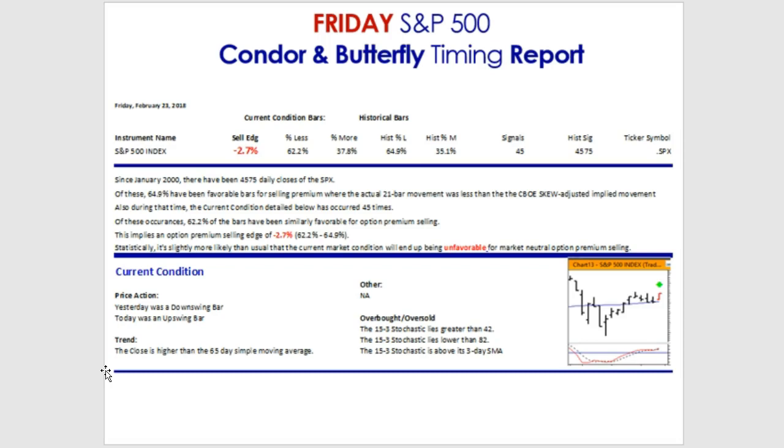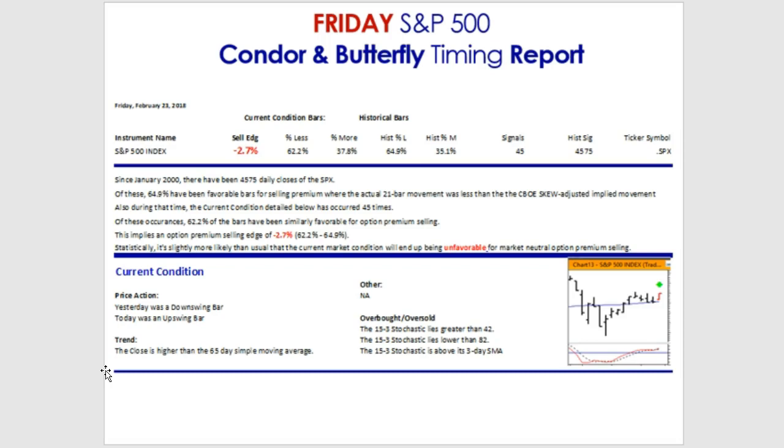Now, also since Jan of 2000, our current market condition has only occurred 45 times. Only 45 times. Now, of those occurrences, 62.2% of the bars have been similarly favorable for premium selling. That's less than our benchmark of 64.9.